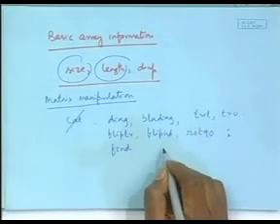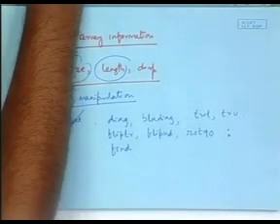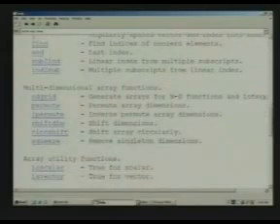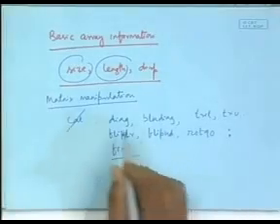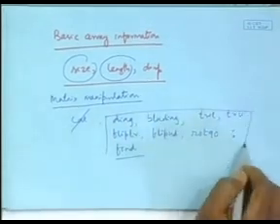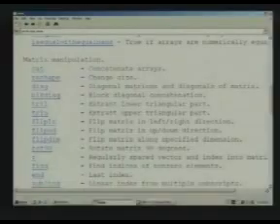Then sub to ind and ind to sub are not important at the moment. You will know them in the course of time, when I discuss other toolboxes. So these are some of the important functions which I am going to discuss right now. Other things you can find out on your own.